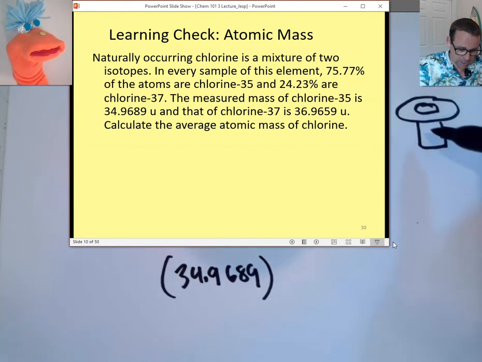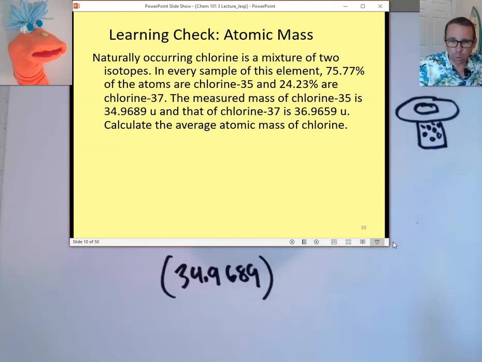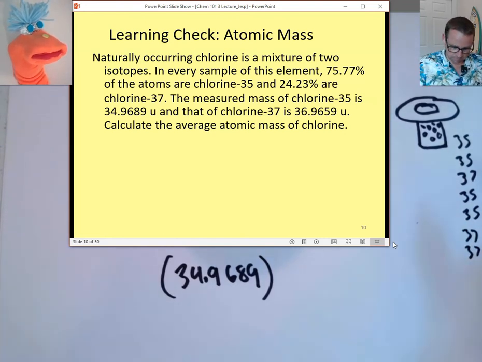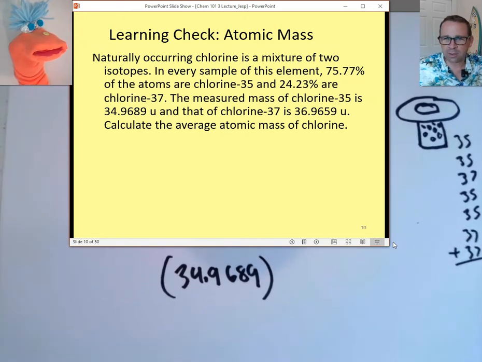Well, if I have inside this hat 35s and 37s, and I want to know the average, and I pull out 100 of them and make a list of the masses of all of them, right? Then I can add them all together and divide by however many I pulled out.